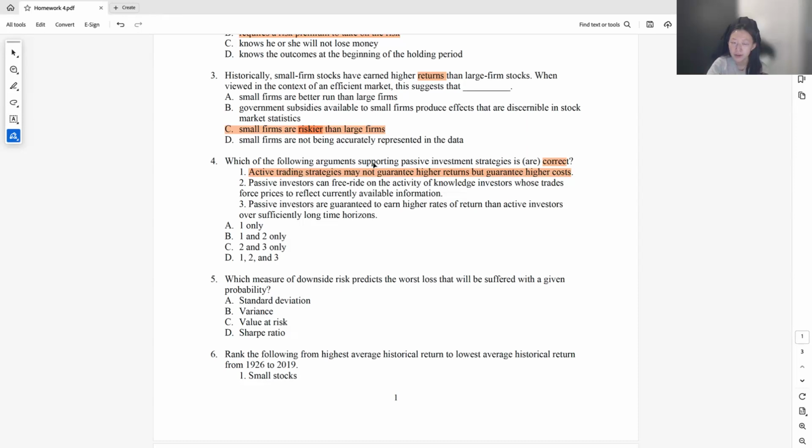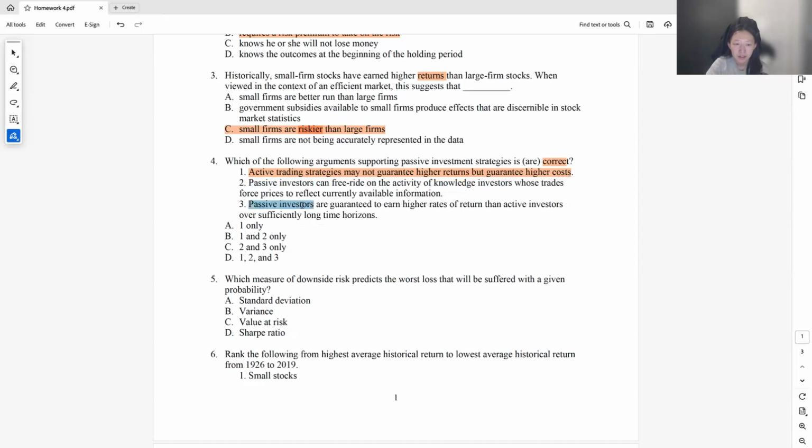So passive will definitely fail comparing to active. But in an efficient market like the US financial market, most of the time or over the long term, it is efficient. So in that case, passive investment will probably work.